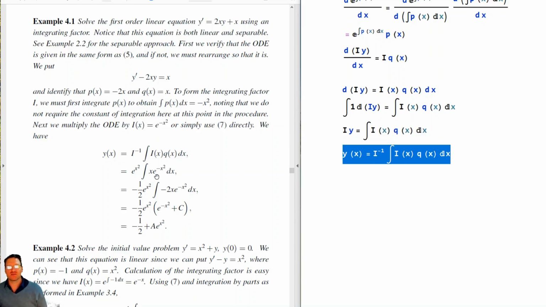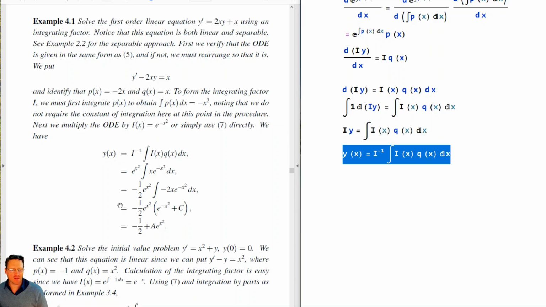So we can compensate for that by putting in a minus 1/2 in front of the integral, and then include the multiplicative inverse inside the integral, so we can view this as a derivative using substitution, which we learned in the last lesson. Okay, so that makes the integral of minus 2x e to the power of minus x squared equal to just e to the minus x squared, and then plus our constant of integration.